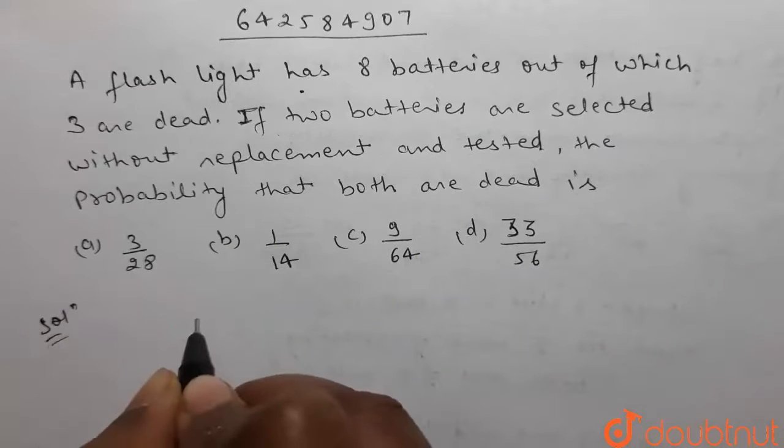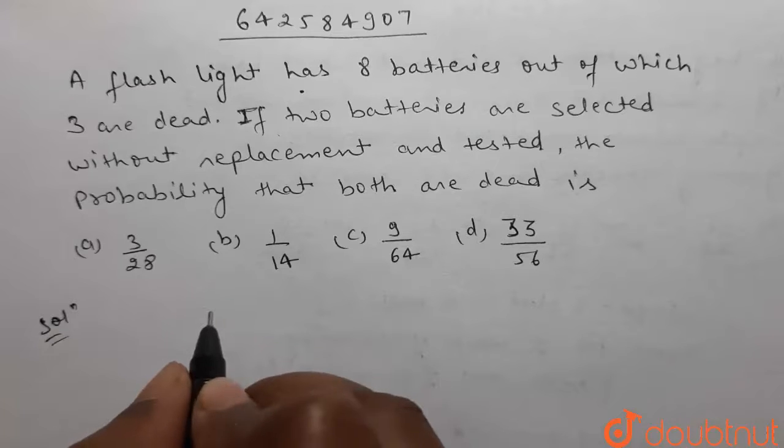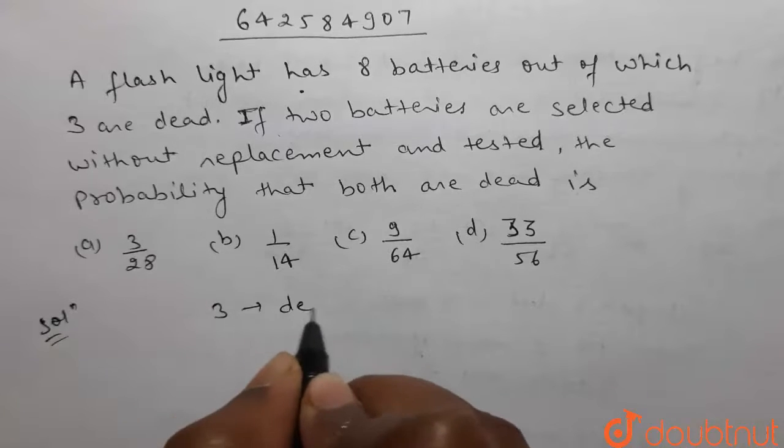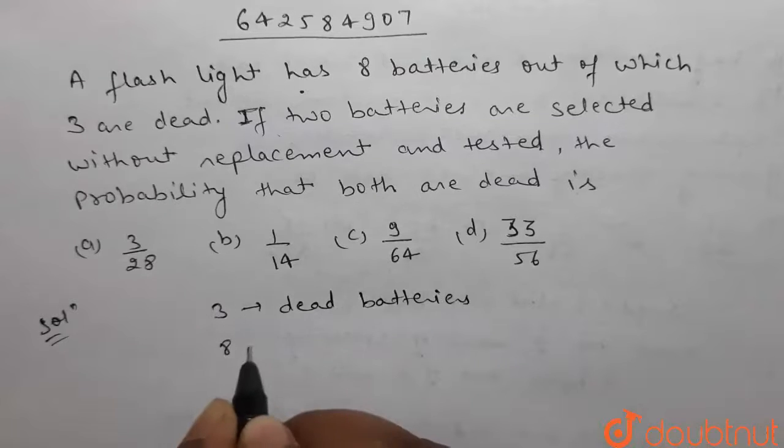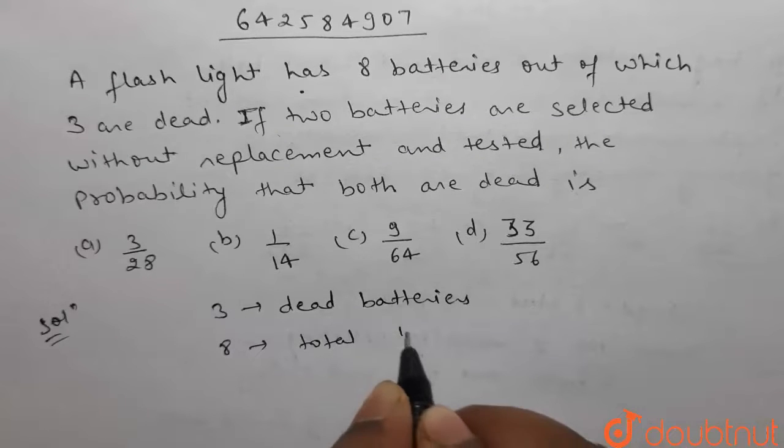So there are 8 batteries, out of which 3 are dead. So 3 are dead batteries, and there are total 8 batteries.